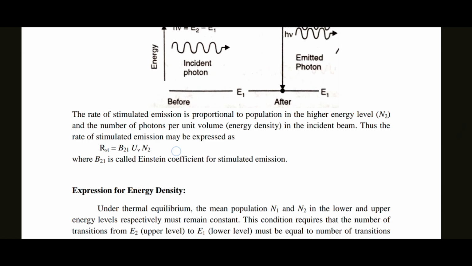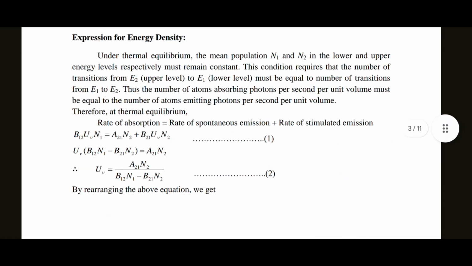Expression for energy density. Under the thermal equilibrium condition, the mean populations N1 and N2 in the lower and upper energy levels remain constant. This condition requires the number of transitions from E2 to E1 to be equal to the number of transitions from E1 to E2. The number of atoms absorbing photons must be equal to the number of atoms emitting photons per second per unit volume.